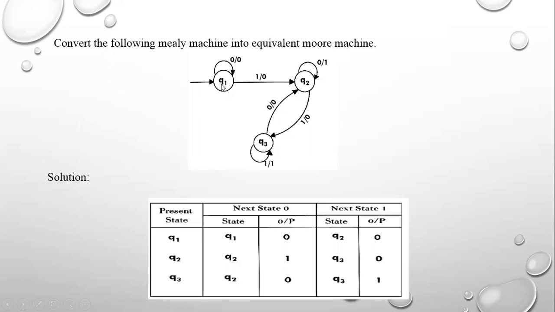Now we have to see: if Q1 gets input 0, it reaches Q1, and the output is 0. In this machine, we have 3 states: Q1, Q2 and Q3.